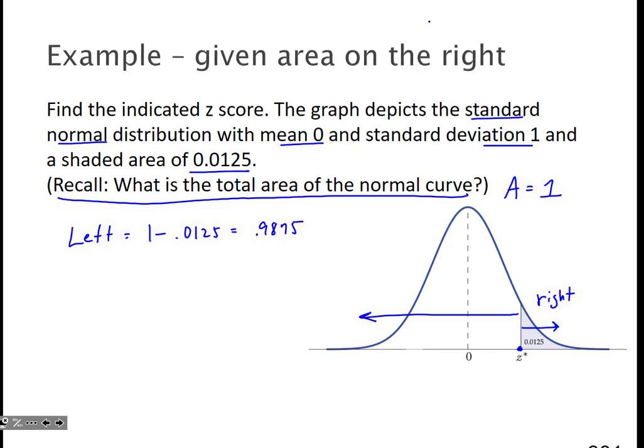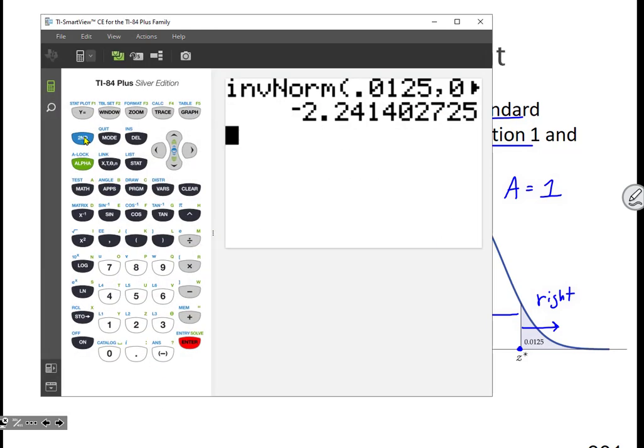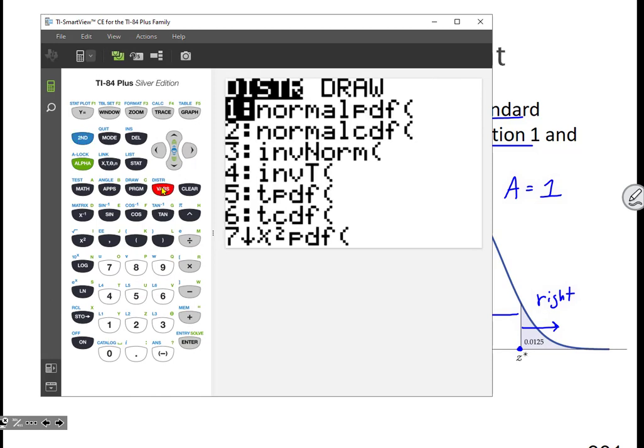So since we have data on the inside, we're going to use inverse norm, and we can put 0.9875, 0, and 1 for mu and sigma. And actually, if you're feeling a little extra lazy, instead of typing in 0.9875, you can actually type straight into the calculator the 1 minus 0.0125. So that's your choice. I like to see it personally, but that's your choice.